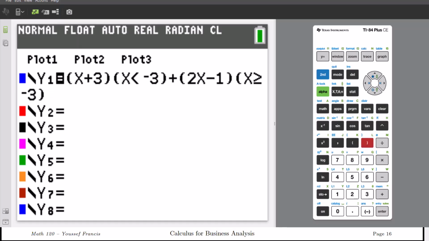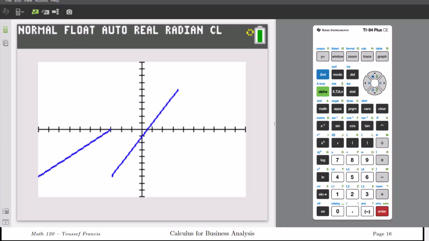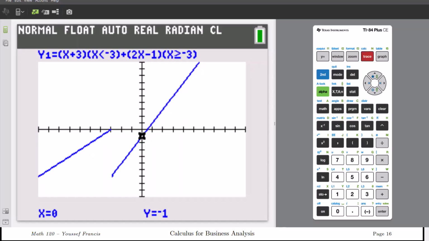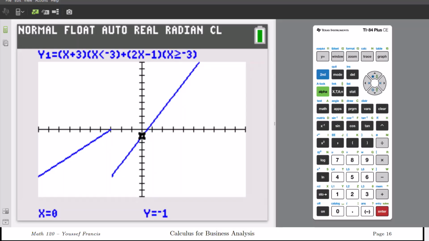So if everything is good on your calculator, you should be able to see the same graph that we produced by hand. Let's click on zoom and pick the standard zoom so that we are always starting with the standard numbers. And there we go. So that's what the graph looks like. And if you try to trace some of the random numbers we plugged in earlier, we had 0, for example, gives us -1. When x was -2, we got -5.